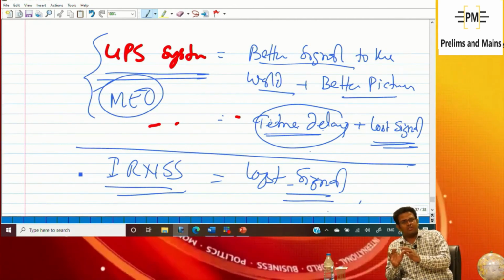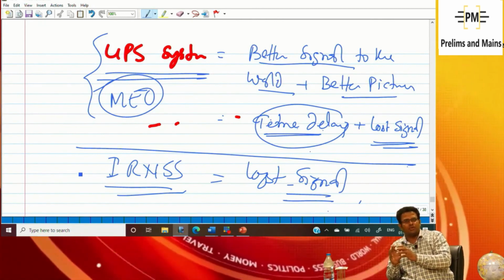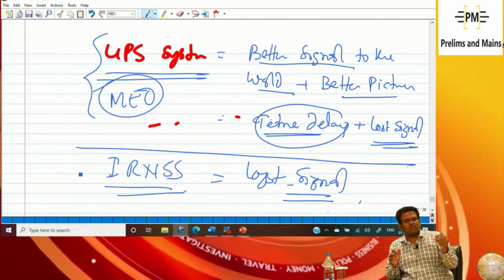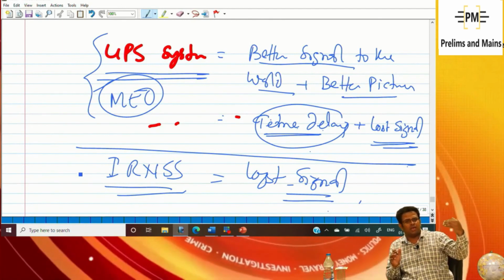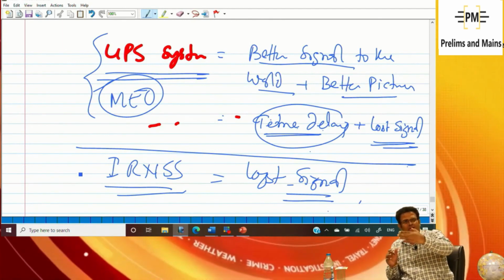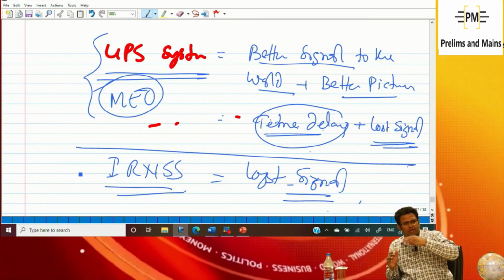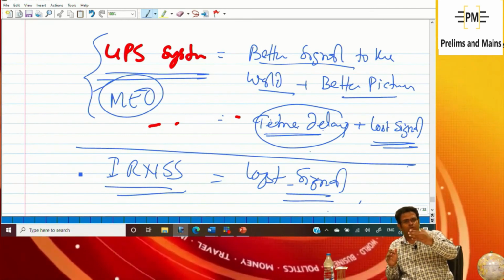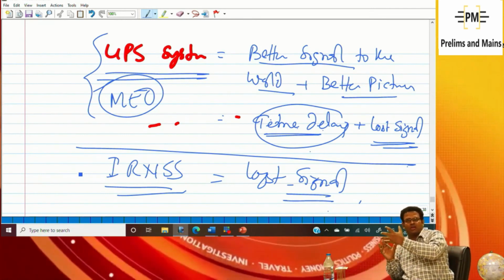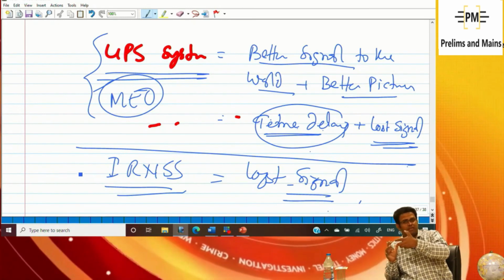Therefore our navigation system is maintained by GEO, but countries like Russia, Europe, USA and China are far away from this equatorial region. So they can't use GEO, they cannot get the benefit of it.